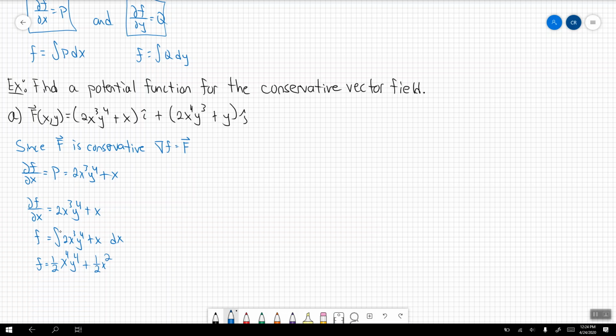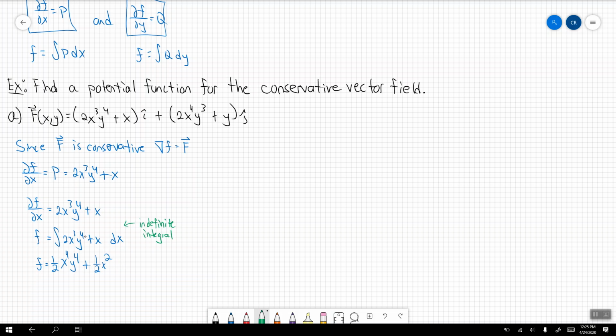Now, since this is an indefinite integral, I have to account for that. Its differential was dx, which means that when we take this derivative, we could have some sort of constant. If we had a numerical constant, it would vanish when we take the derivative.